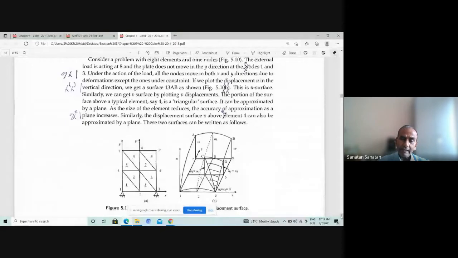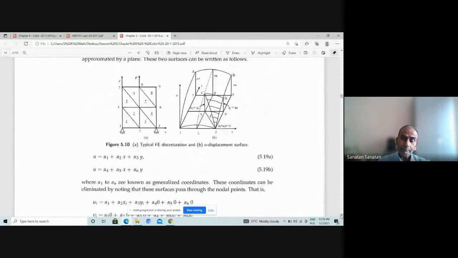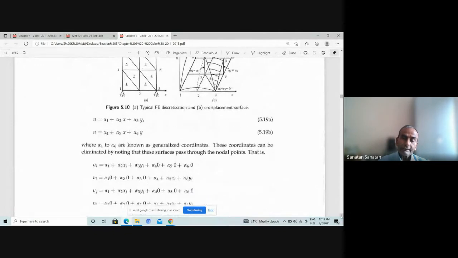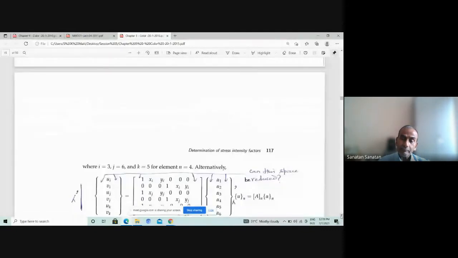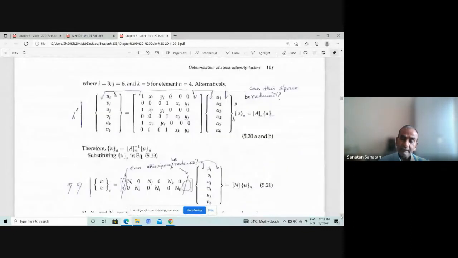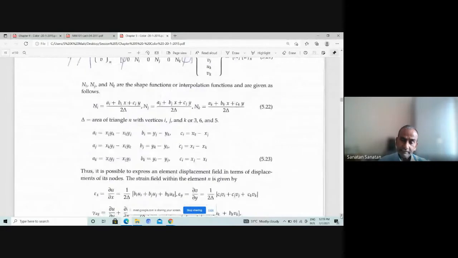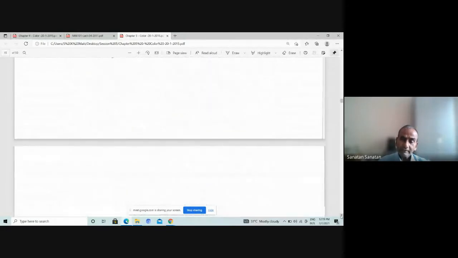I am just trying to say that we can take the same approach to find out the displacements at a finite number of points that we have constructed in my discretization. So once you have got that, you have got the displacement field.